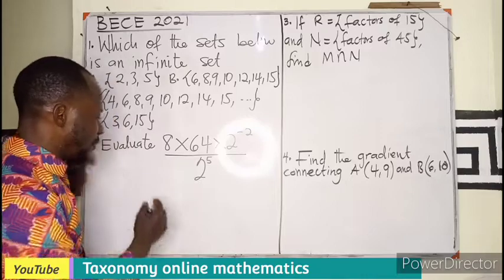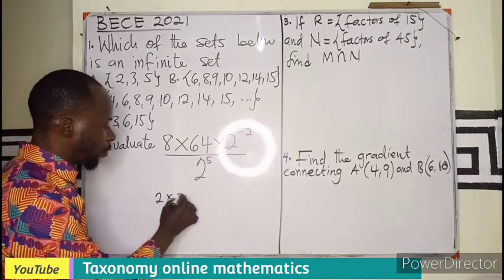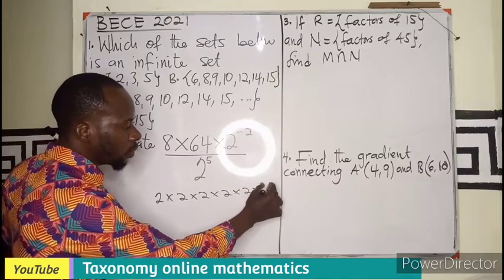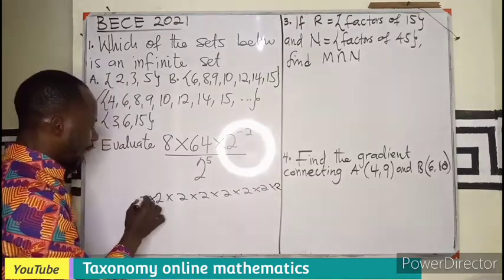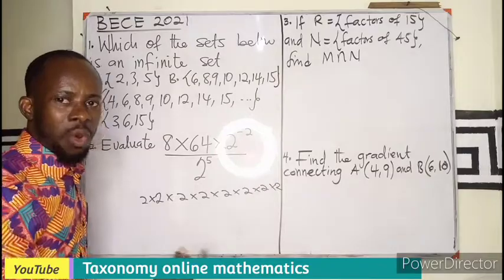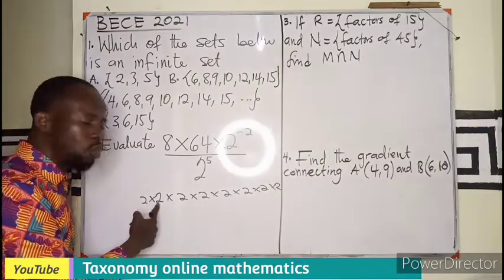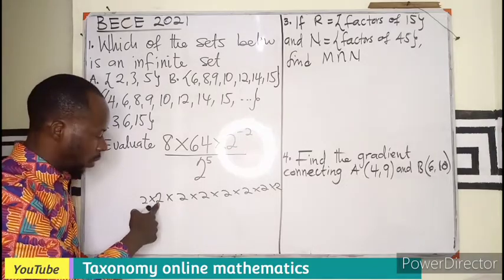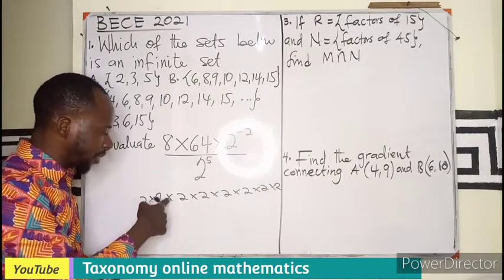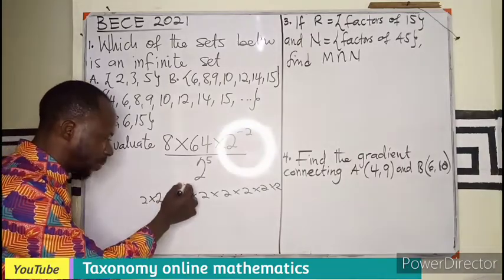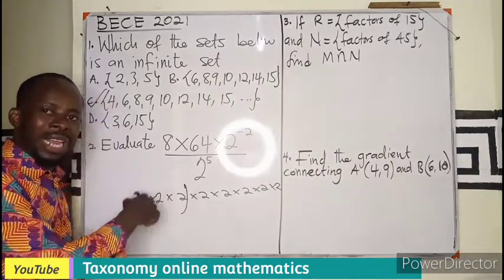Simply put, if you have groups of 2, how many will you multiply in order to get 8? 2 times 2 is 4. 4 times 2 will give me 8. Meaning I'll be multiplying 2 three times.